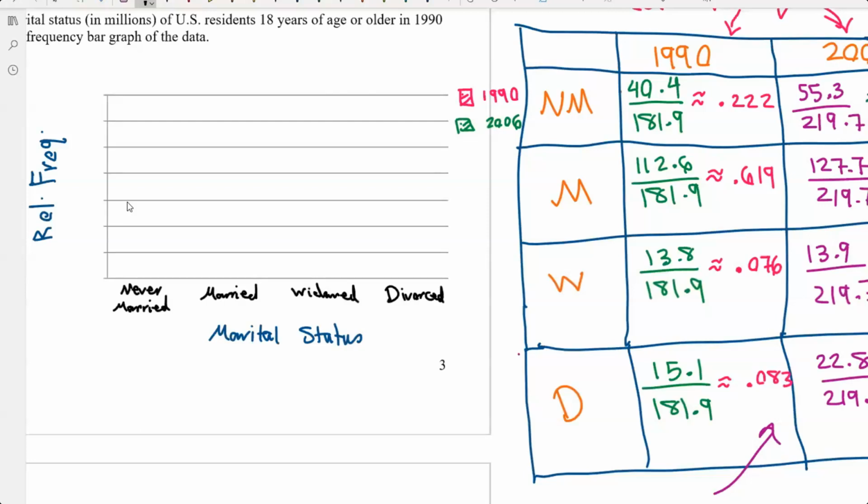Okay, so we have all these, and here on the vertical line we have relative frequency. I'm starting here at 0. Then let's say I'm going to use 0.1 or 10%, so 0.2, or we can say that is 0.10, 0.20, 0.3, 0.4, 0.5.